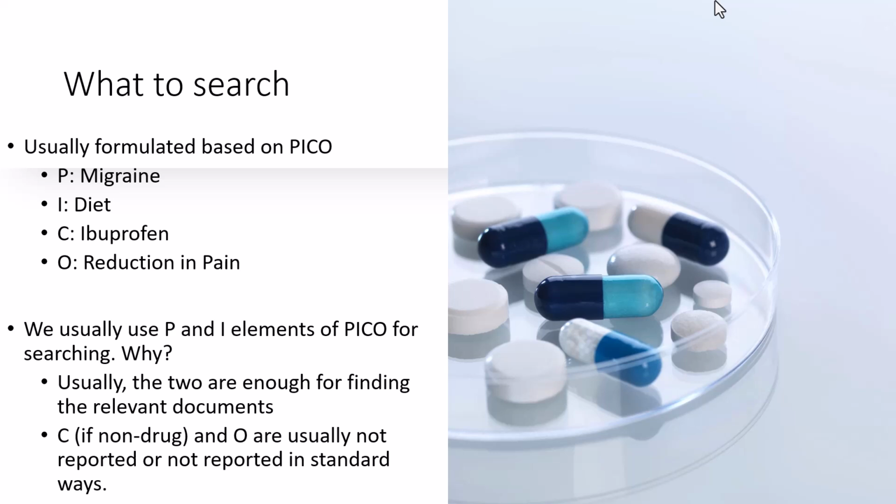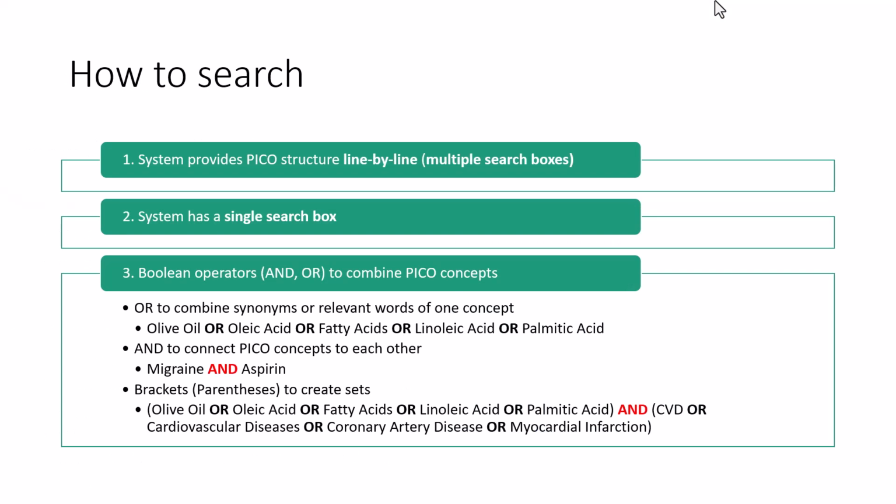There are times that, for example, you are looking for adverse effects or a certain adverse effect, and then you could use it. How to search? It depends on the system. If you go to the website and you see that the website has provided you a PICO structure, there are 4 boxes there, line by line, one of them for P, one for I, one for C, one for O. That is simple.